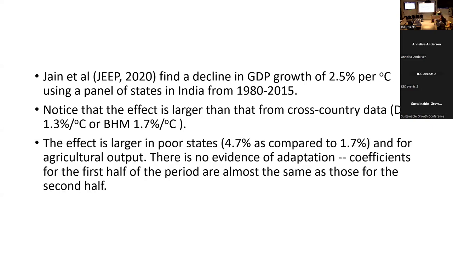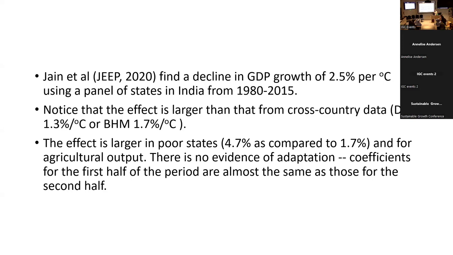What you see at the global level, you also find replicated among Indian states, at least in the Dell, Jones and Olken paper, not the Burke et al. paper. They break up states in India as above median and below median in terms of GDP, and they find a larger effect in poor states.